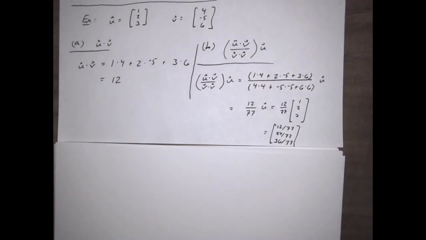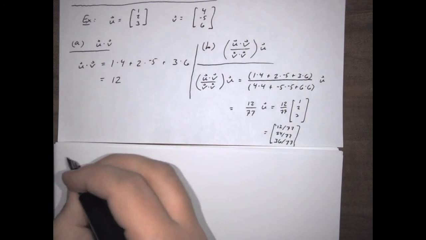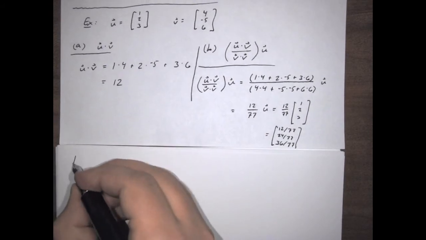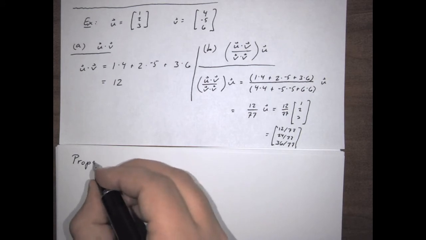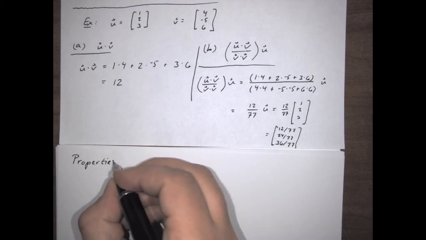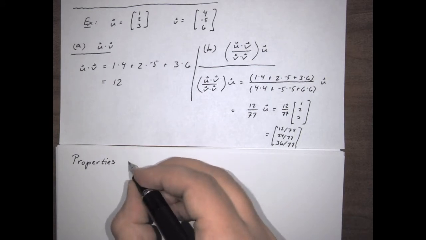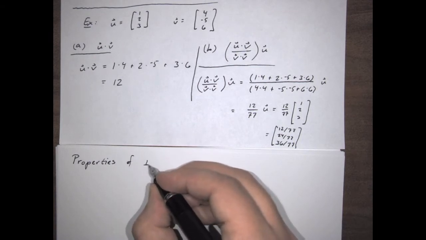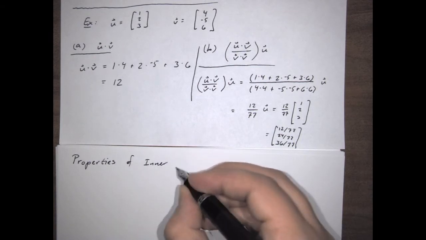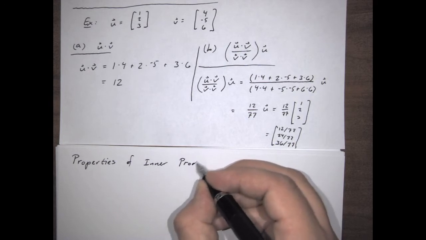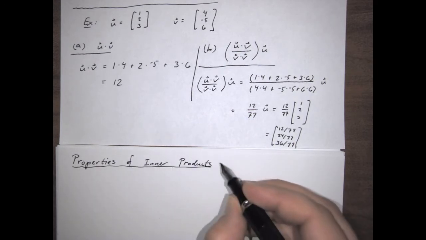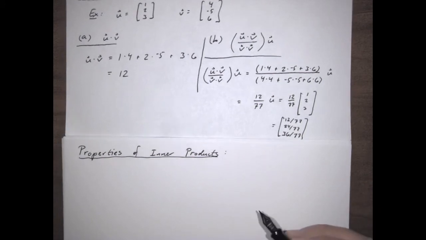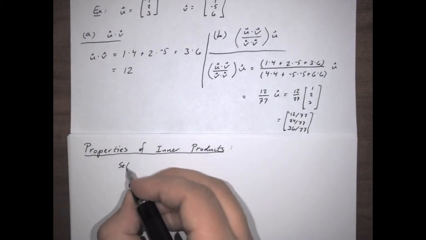Alright, so now some properties of the inner product. This is called by your book a theorem, but really it's just a statement of some properties. Properties of inner products. Okay, so set up here.